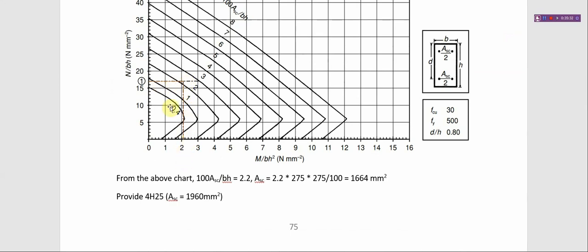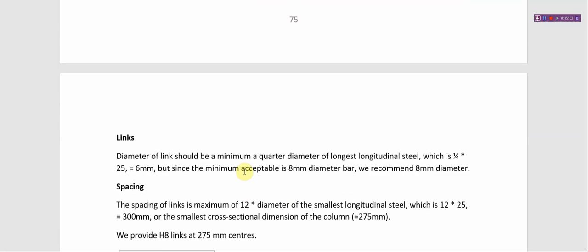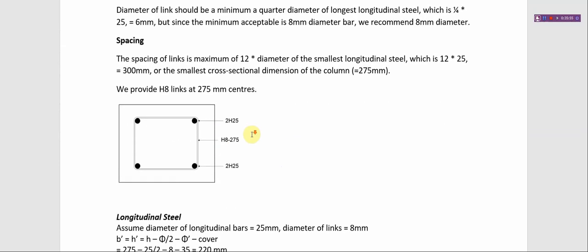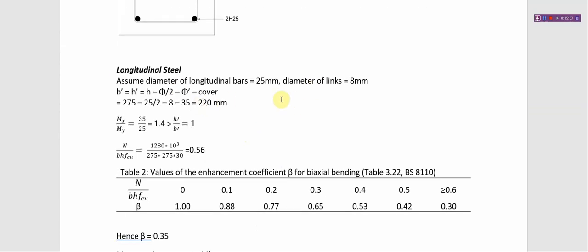Now look at this one. It's around 2.2 something. Now you just say our rho as over bh equals 2.2, then you calculate it out, then you have this. So from this you can get the number of 25 bar that will be needed. So that is all about that. Then you can calculate the links and the spacing, then you are done with that.